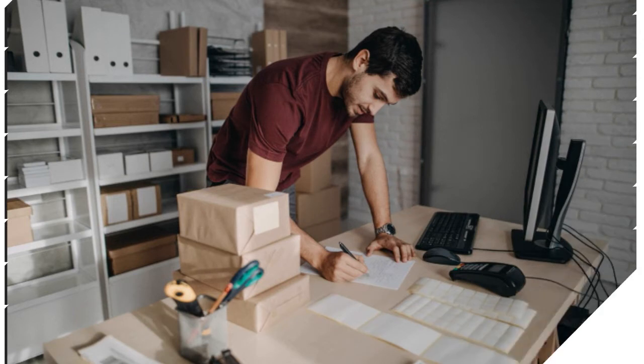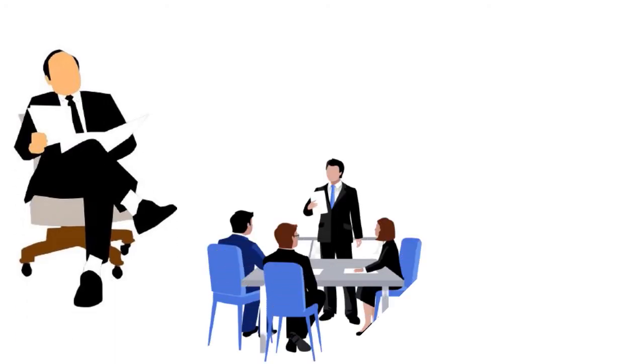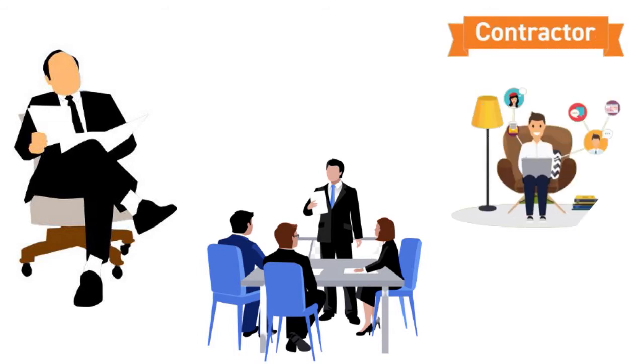Independent contractor status can apply regardless of how your business is structured. You can be considered an independent contractor if you operate as a sole proprietorship, form an LLC, or adopt a corporate structure. As long as you're not classified as an employee, you can be considered an independent contractor.